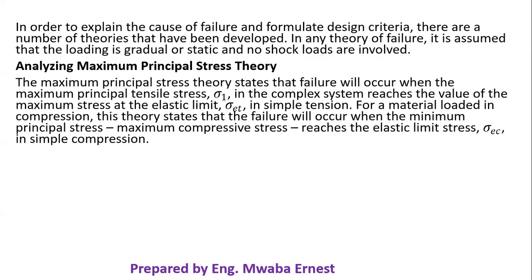We do the same even for a material loaded in compression, but in this case, we talk about the stress reaching the elastic limit stress in simple compression. We respect the mode of application of the force or the nature of the stress. It can be compressive or tensile.